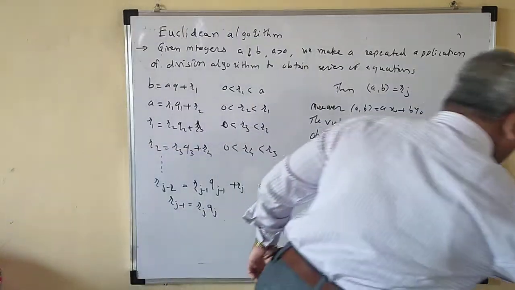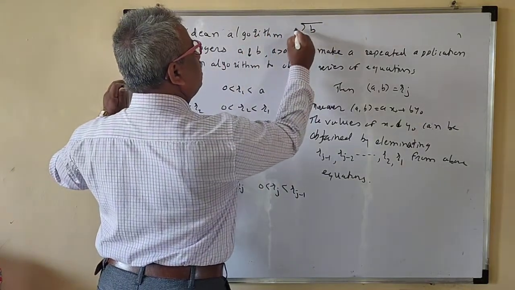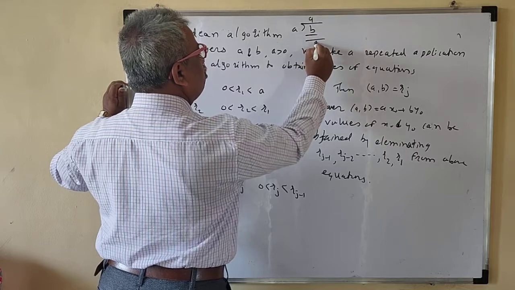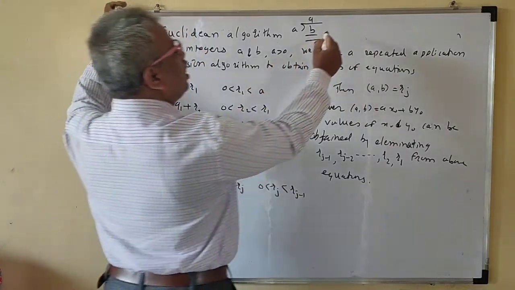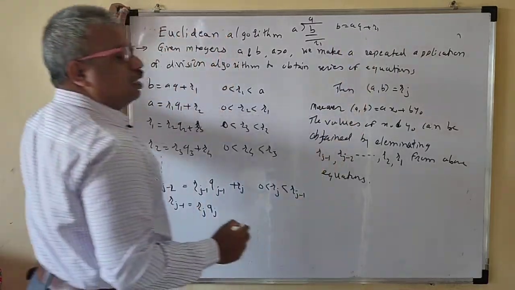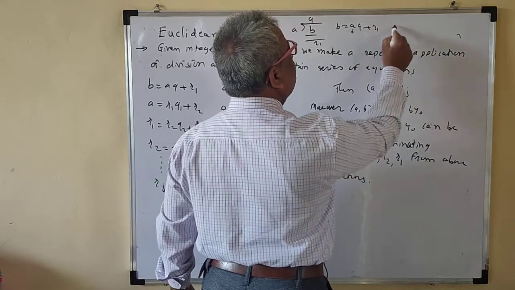Now the same thing here. See what we are doing. Your B is here, this is your Q, and whatever this quotient will be, the remainder will be R1. So how can we write this? B is equal to AQ plus R1. Then in the next part we apply the division algorithm for A and R1.